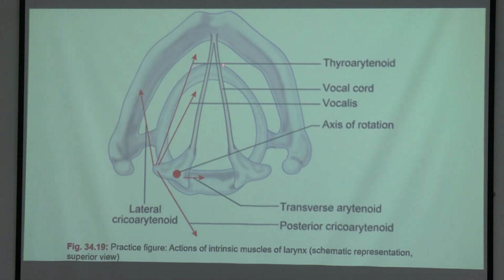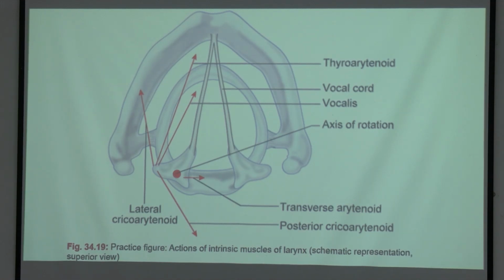We can find the vocal fold, the vocal process, and the muscular process. The vocal folds help in the production of voice during expiration.